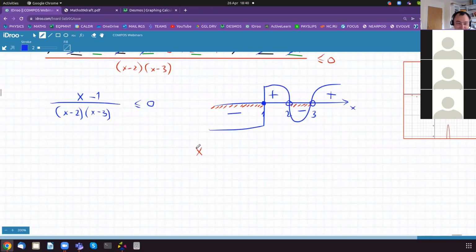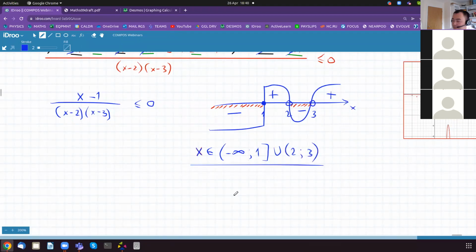If you have 20 critical points, it's just a little bit more writing. There's very little thinking involved, less than 0. So it's from minus infinity to 1 inclusive, from 2 to 3 not inclusive. That's it. That's the answer.